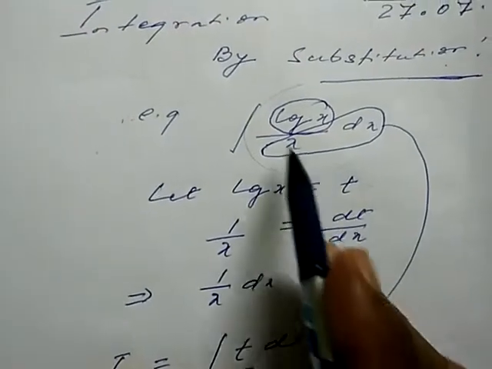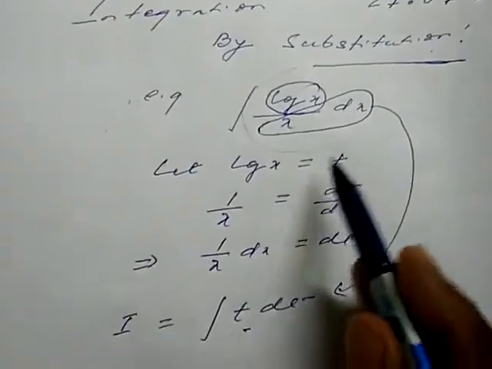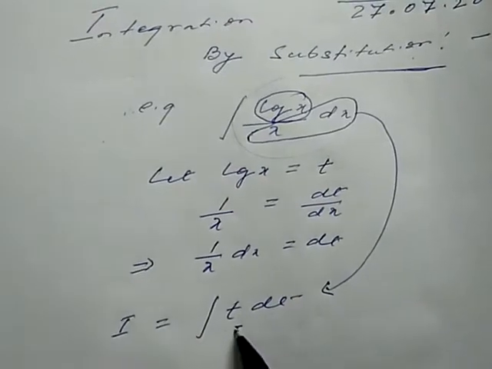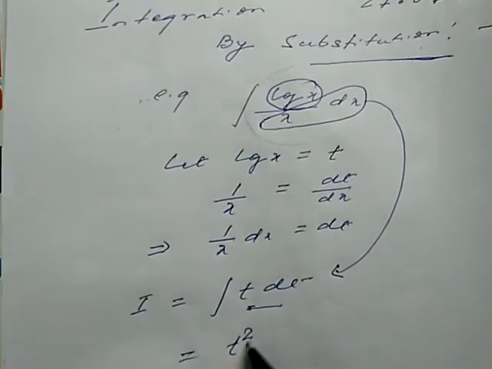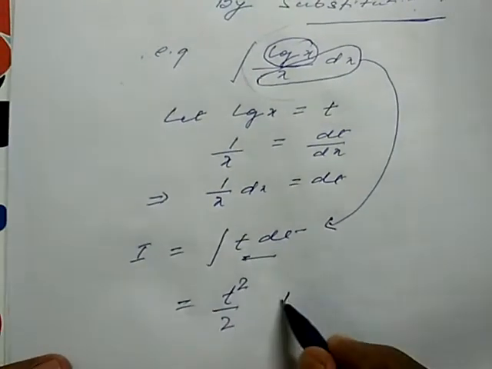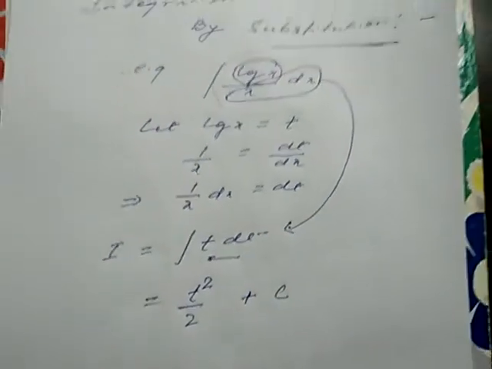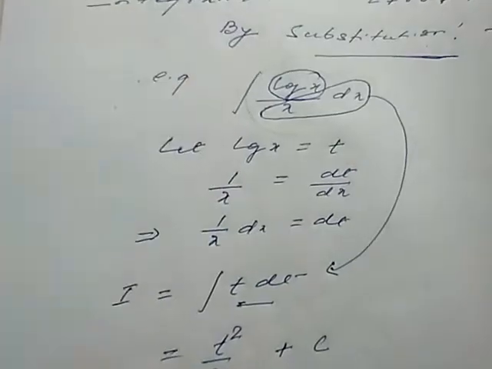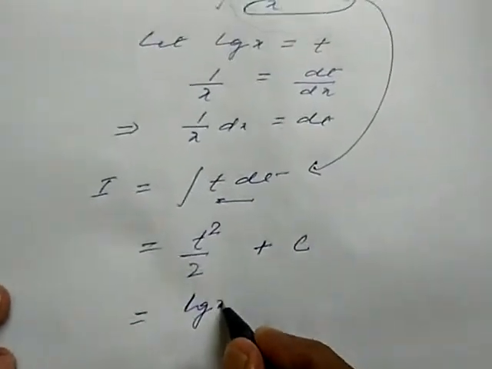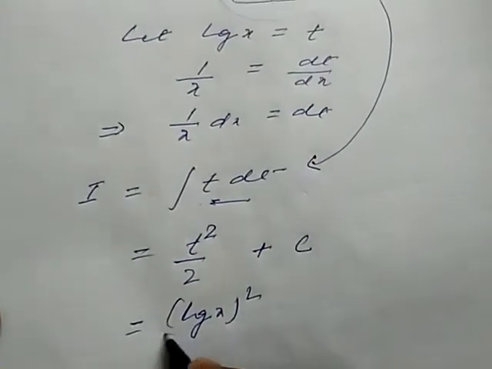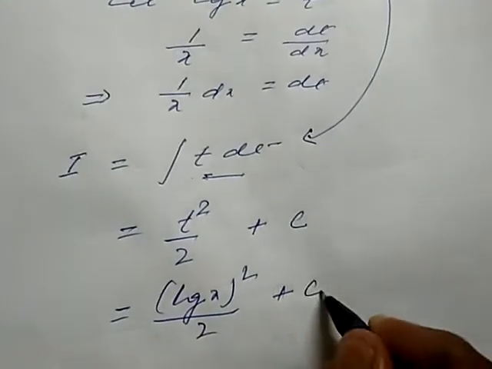This time we are moderating the integrand by the method of substitution and we get a standard form. This is very simple. Now this is integrable. It is t square by 2 plus c, where c is the constant of integration. After doing so, we substitute back t, which gives (log x) whole square upon 2 plus c.